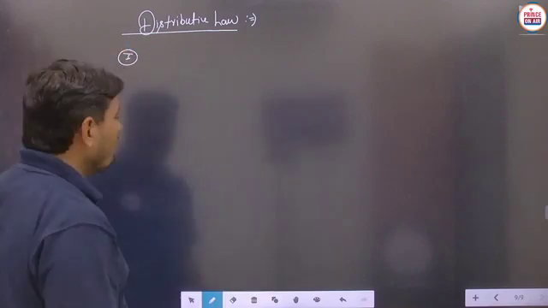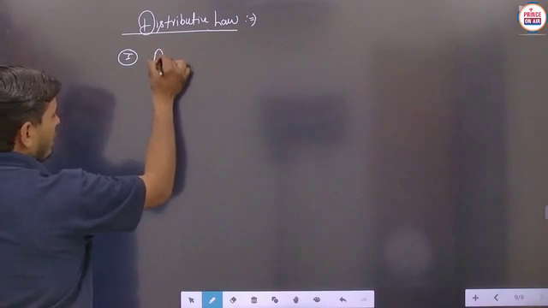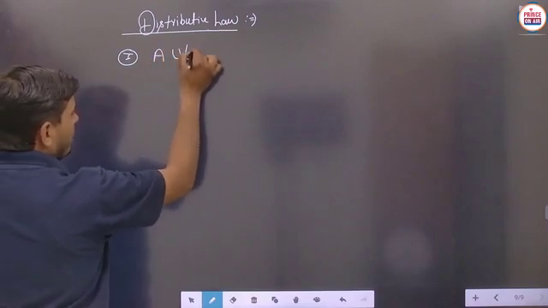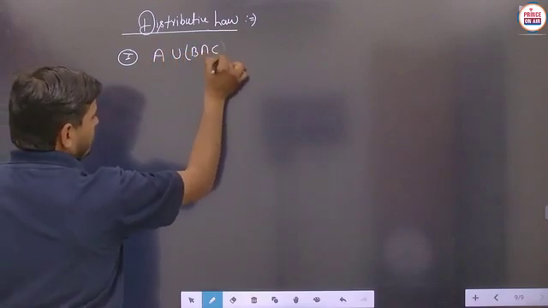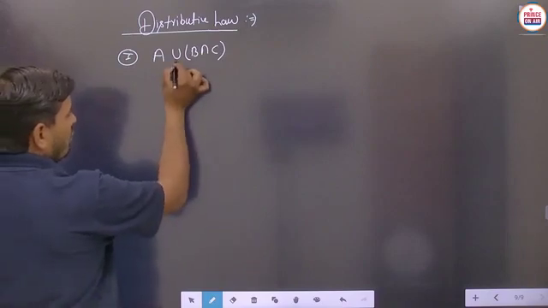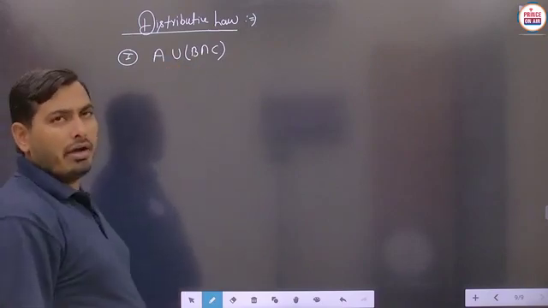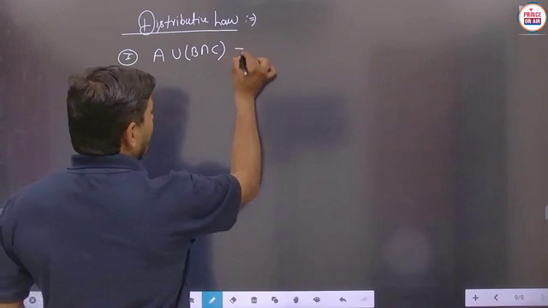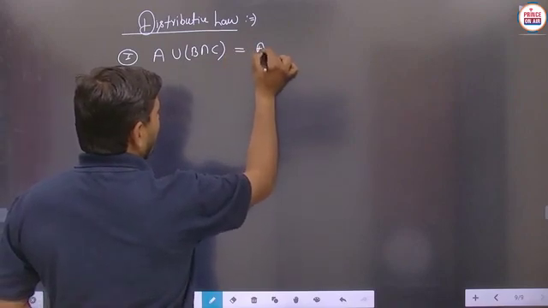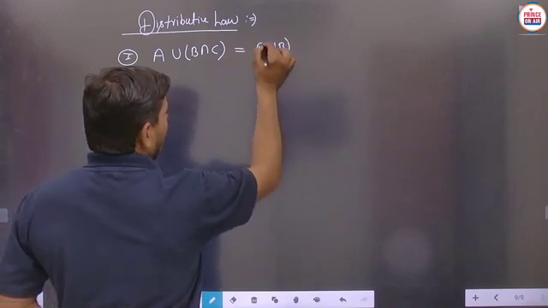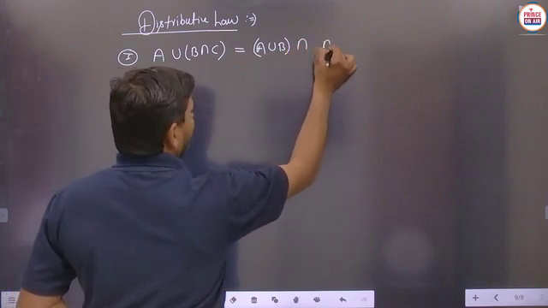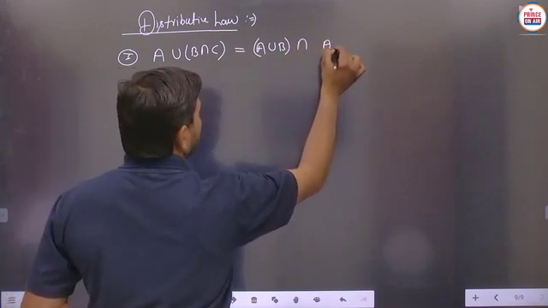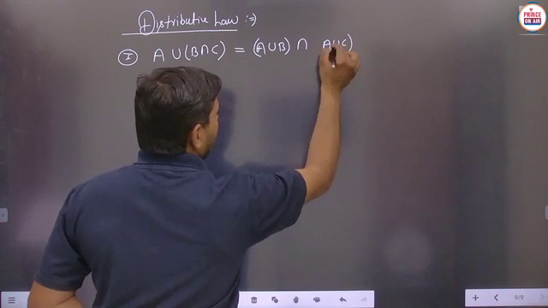The very first law we have to see: suppose A union B intersection C is written, then this union operation will be distributed over the intersection. So this can be written like this: A union B intersection A union C. Is it clear?